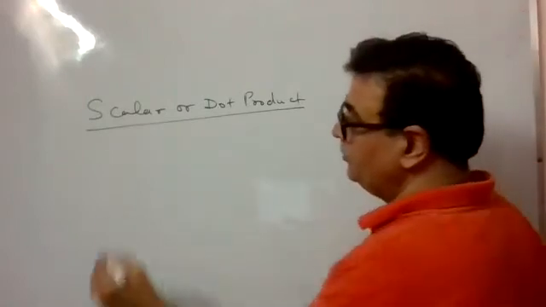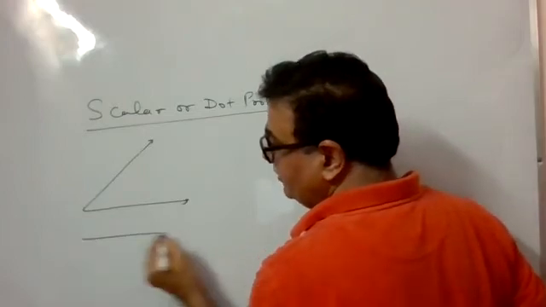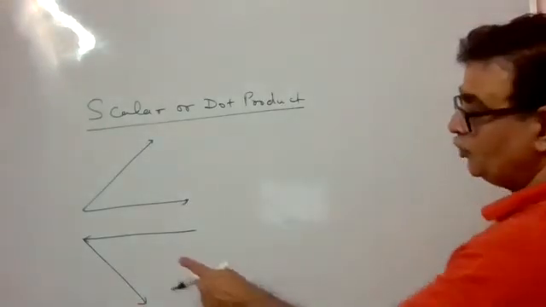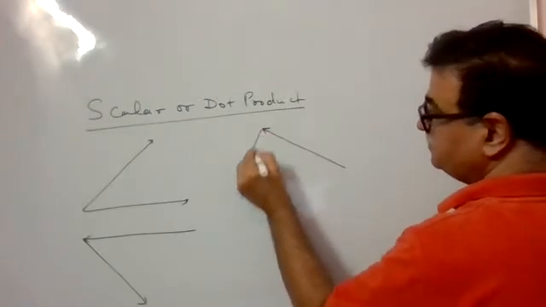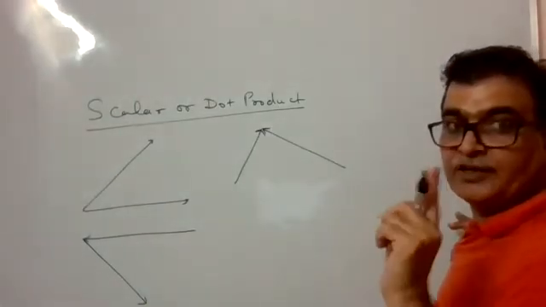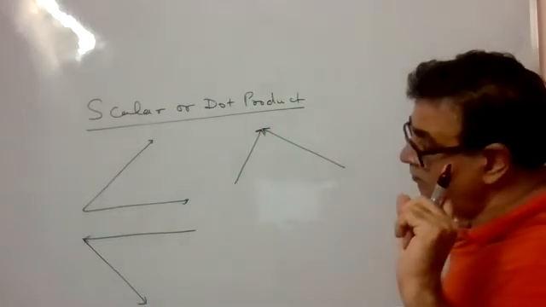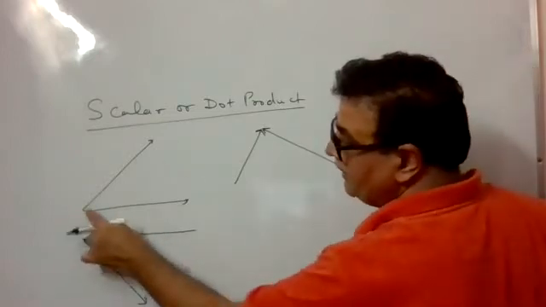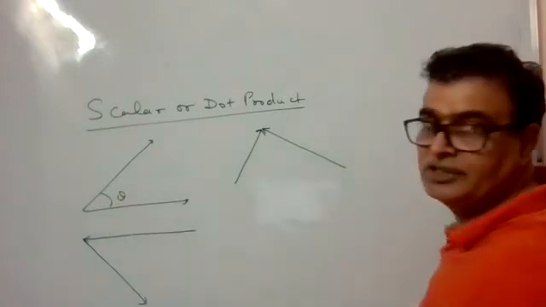But before starting this, one thing should be clear. Whenever I say the angle between the two vectors, if you have these two vectors, one thing should be clear. The angle between the two vectors is only calculated when they are co-initial vectors. If the vectors are like this, their initial point is the same, then we will say the vectors have angle theta.